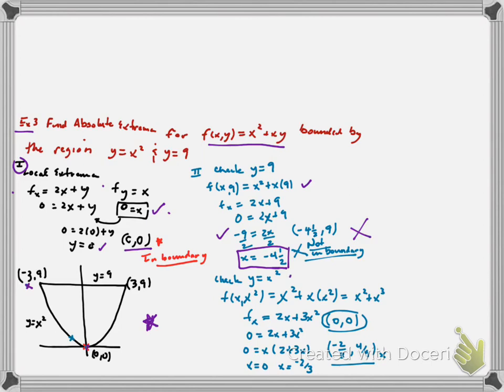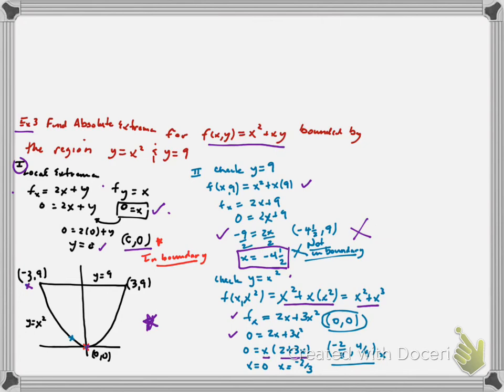This is the second boundary right here, y equals x squared. I plug the x squared into the equation in place of the y. I end up with x squared plus x cubed. Take the derivative, which you see right here, set it equal to 0, factor out x, and I'm left with this part of the expression.